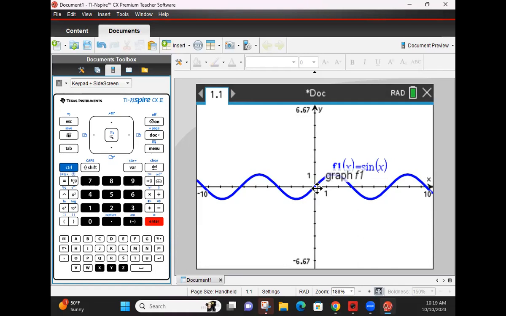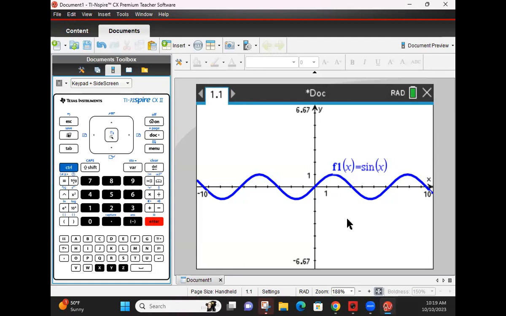So our sine function value is 0 when our x value, our degree angle, would be 0. But we don't talk about 1, we talk about 1 pi or 2 pi. Sine is 1 at pi over 2. So we notice our function value is 1 when we're a little past 1, because pi over 2 is a little more than 1.